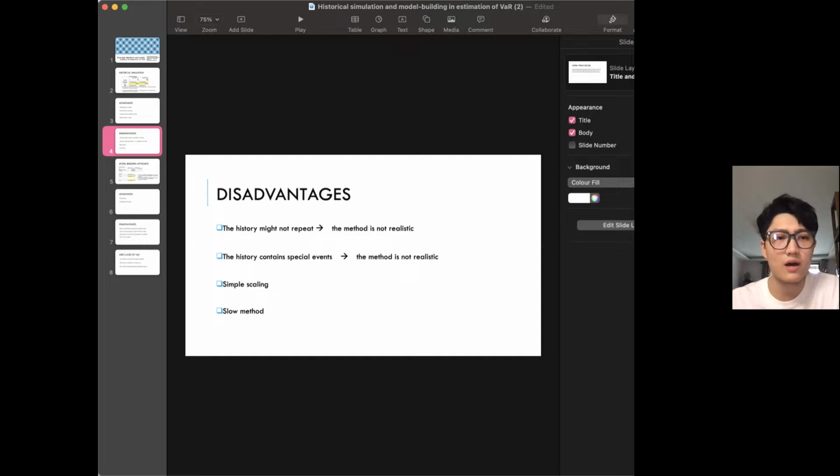Third, the one-day VaR is often scaled up to n days by simply multiplying the one-day VaR by the square root of n. Scaling this way also neglects portfolio effects. Fourth, it is a slow method and cannot easily incorporate volatility updating schemes.